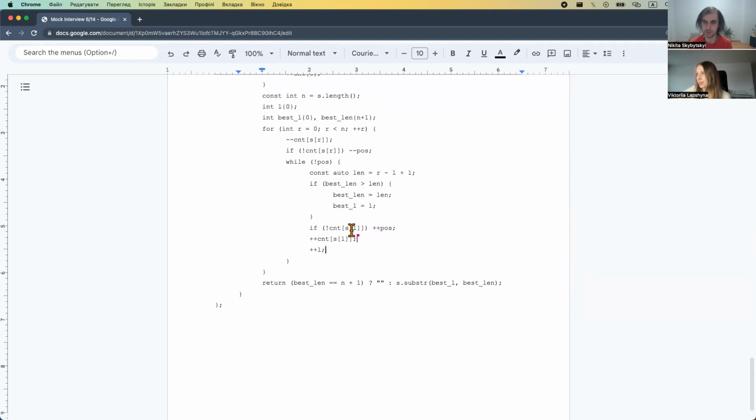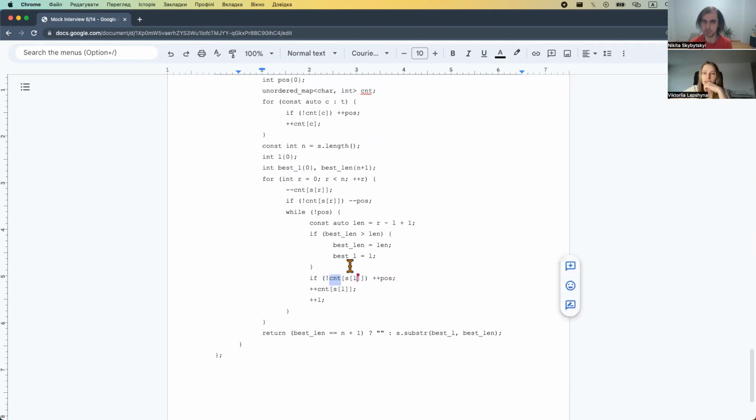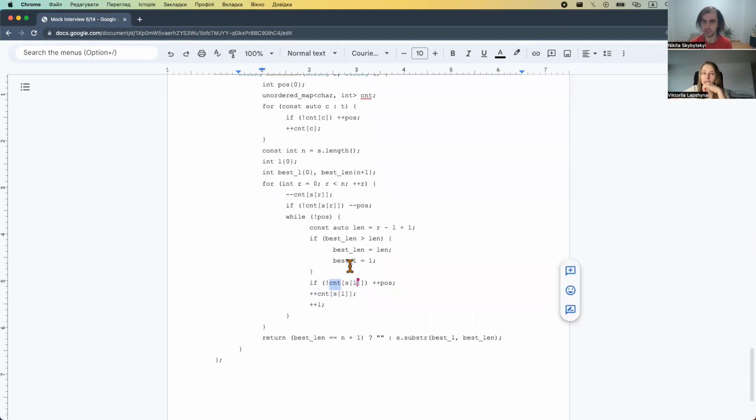Yeah. So what it does, it checks if the element where we have the left index is present is 0. What happens if it's not in the map at all? In C++, it works like a default dict. Oh, you mean? Okay. Hold on.